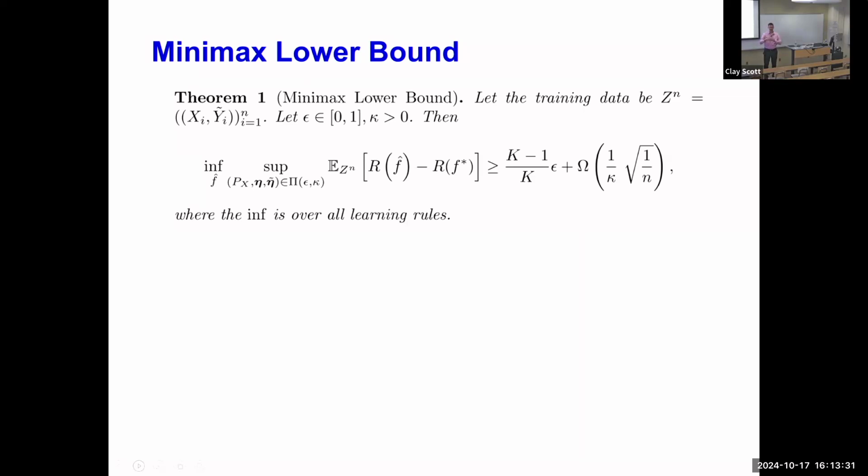How can you learn anything on that set without additional knowledge? And then a second term, which does go to 0, and this comes from the part of your input space where the noisy and clean Bayes classifiers do agree. And this is just a conventional rate for supervised learning.